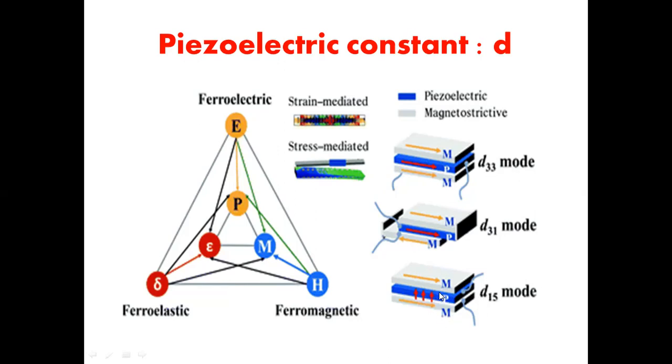Here all are in the transverse direction. That means the magnetization in the top and bottom layers and the polarization in the middle layer are all in the transverse direction. And if this piezoelectric constant is measured in this condition, this is called the D15 mode.